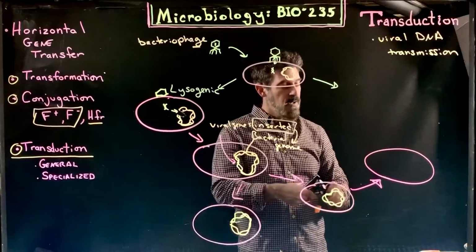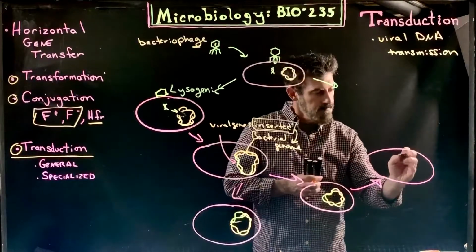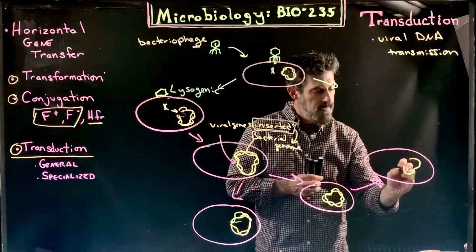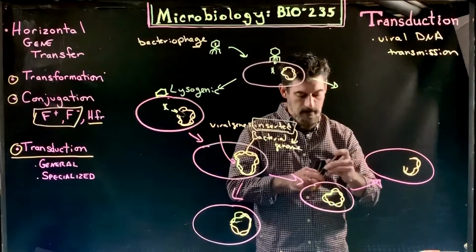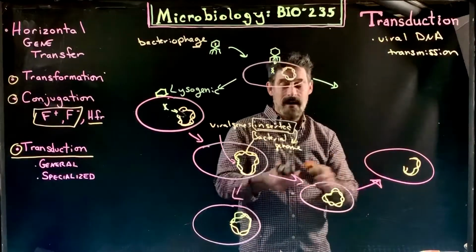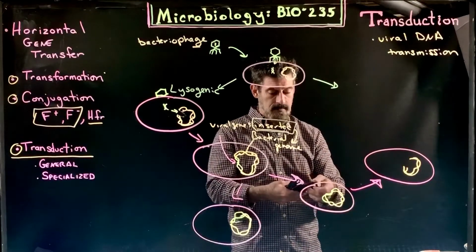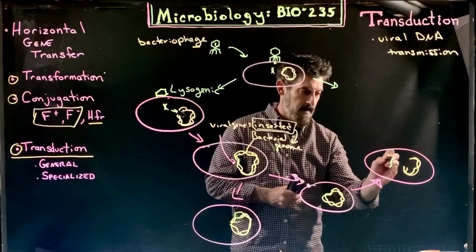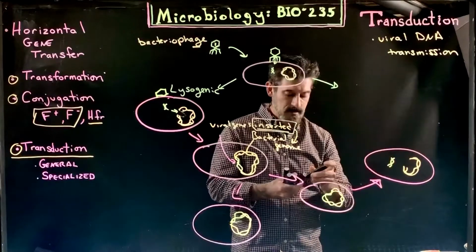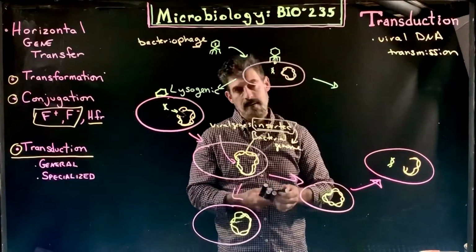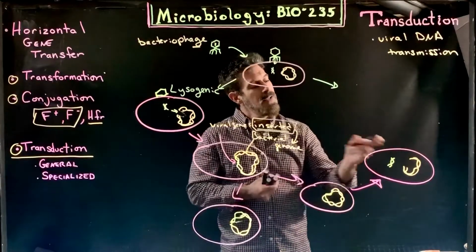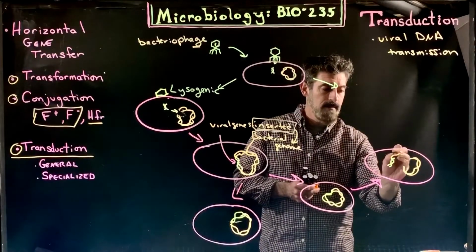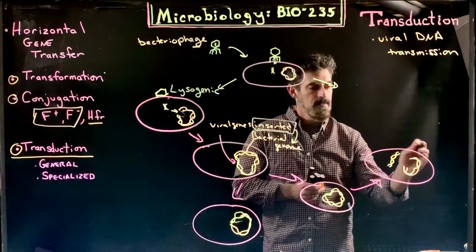So what's going to occur is, and this is kind of the important part here, that the genome is then going to be cut out and removed from the host. But the thing is, when it's removed, it may take with it, and it often will take with it, a little piece of the bacterial gene.